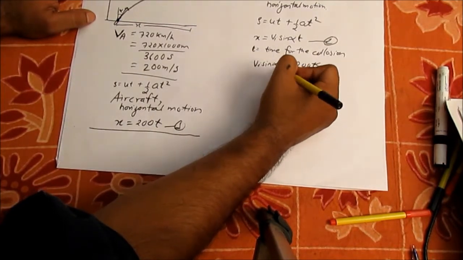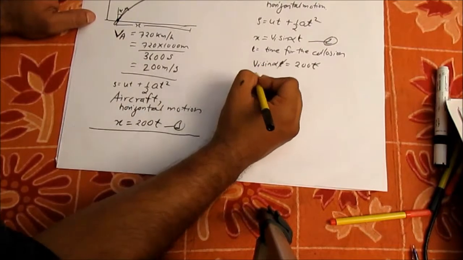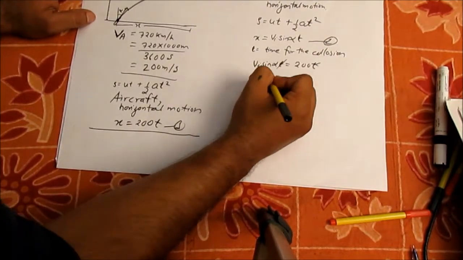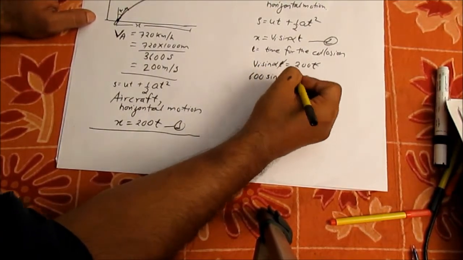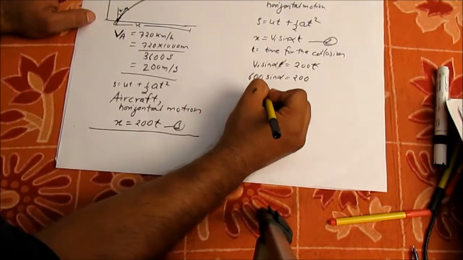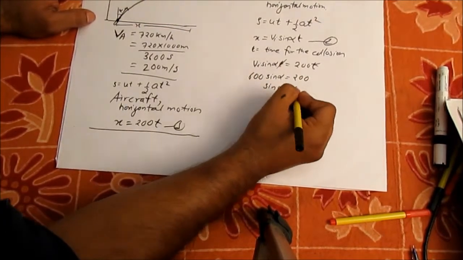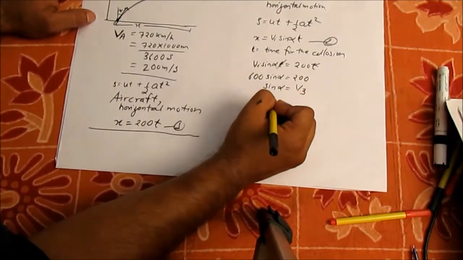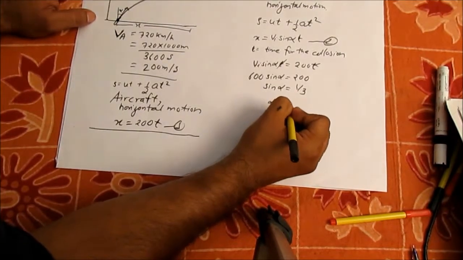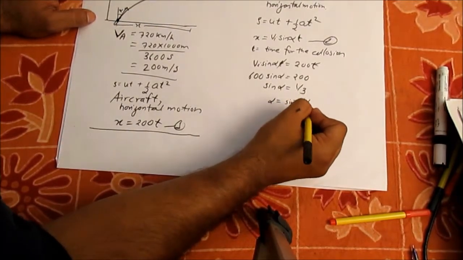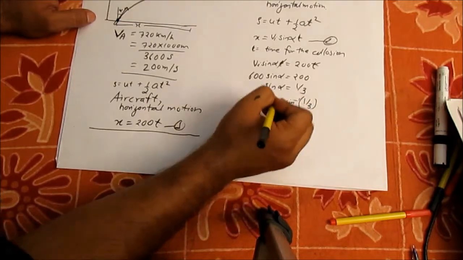So t will cancel out, and Vi is given as 600, so sin alpha is 200 by 600. I will get sin alpha as 1 by 3 and alpha as sin inverse of 1 by 3. So it's a very easy question.